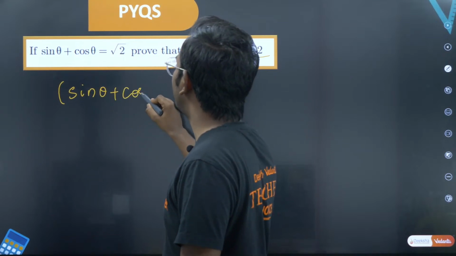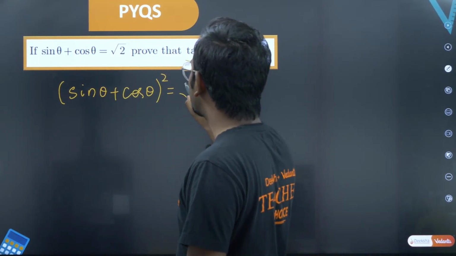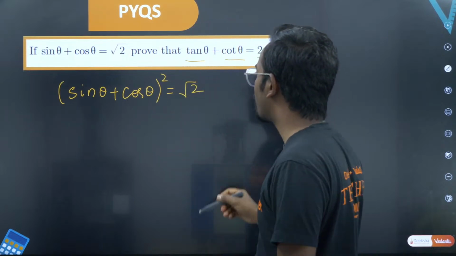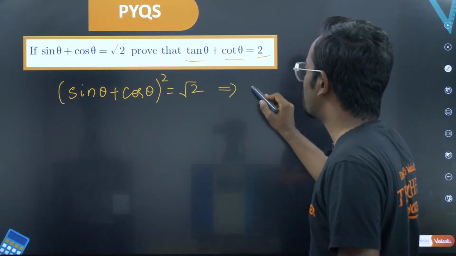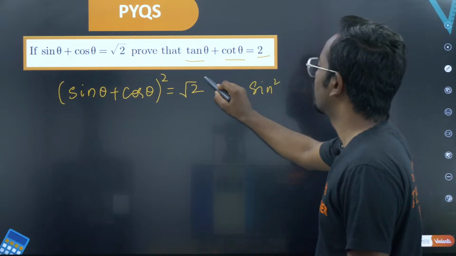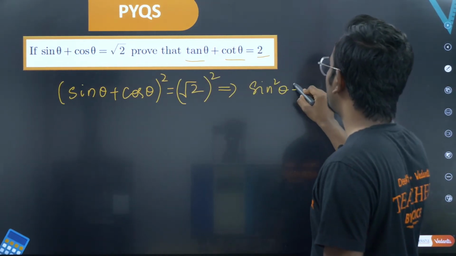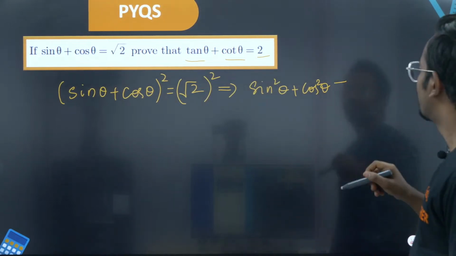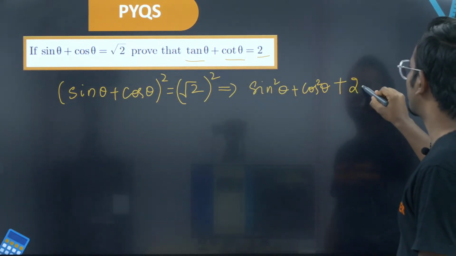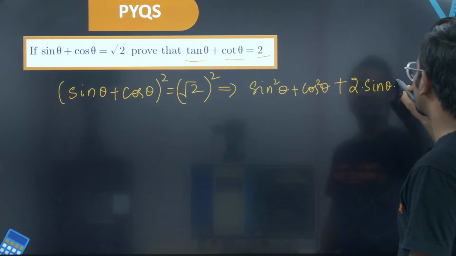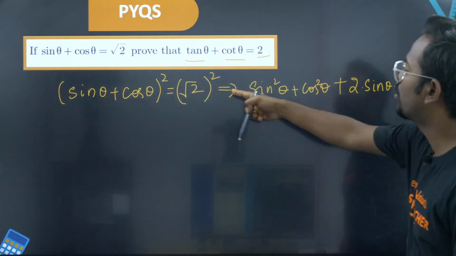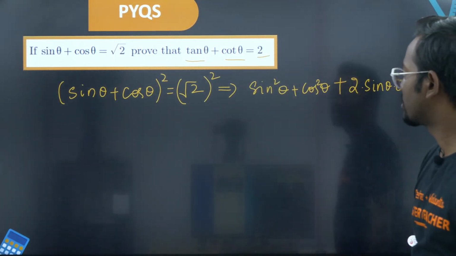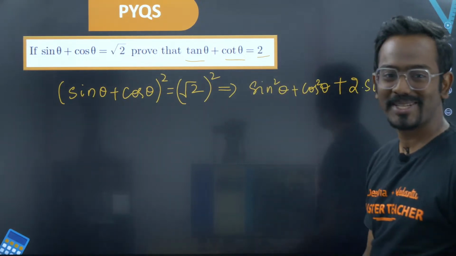Sir, we know the identity, we will solve it very easily. If you square it on both the sides, what happens? Sir, this becomes sin square theta plus cos square theta plus 2 times sin theta cos theta is equal to root 2 whole square, which should be equal to 2. Sin square plus cos square is basically 1.